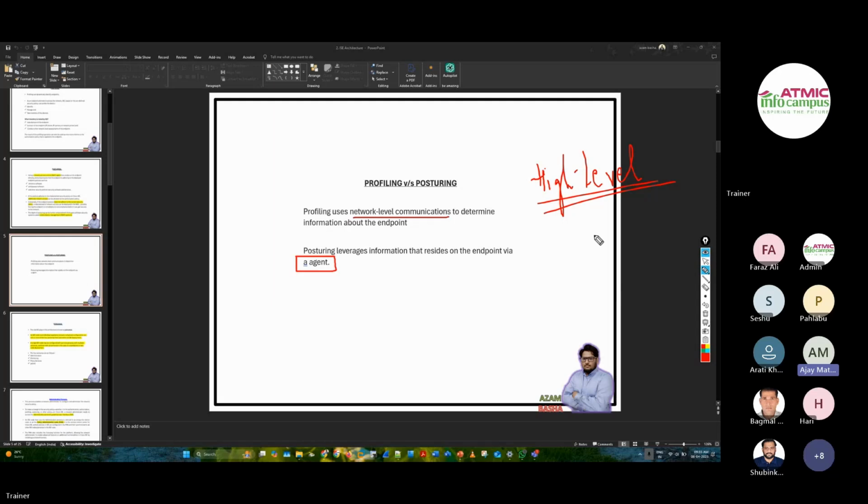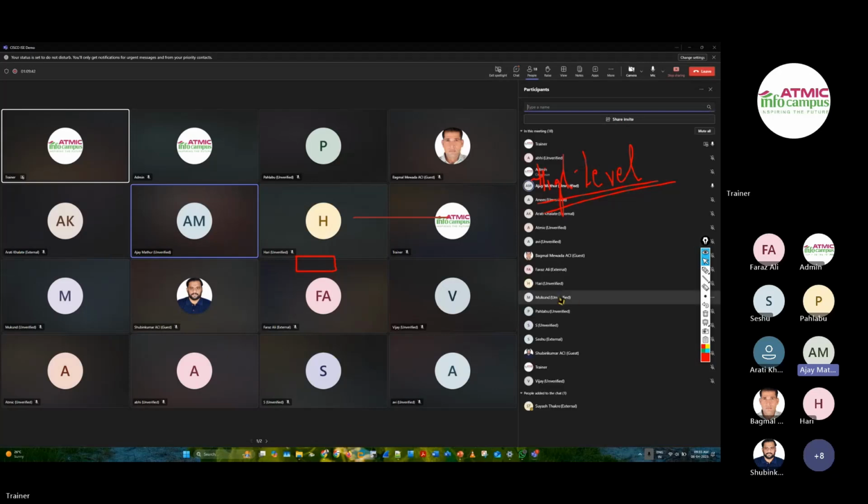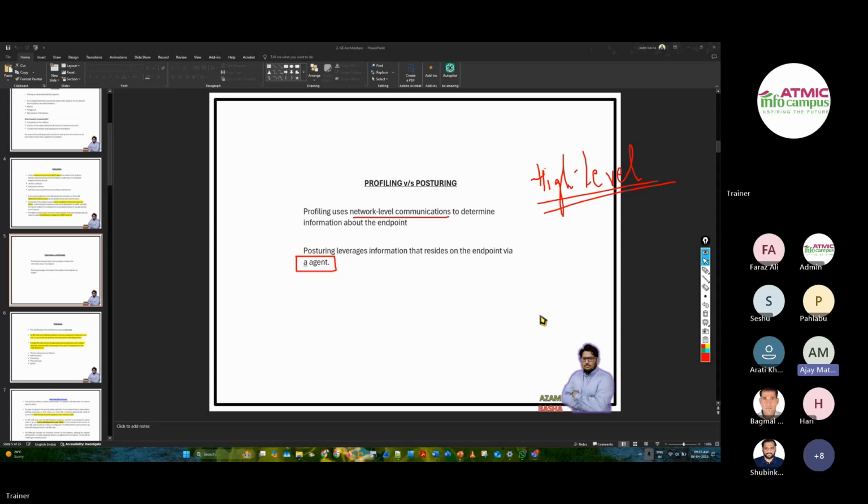Just one small question. Can I say that at a high level, profiling means automatically detecting whether the system is compliant or not, and posturing means applying the policy or degrading if it is non-compliant, right? Yeah, the second statement is correct. The first statement is not just in terms of compliance.